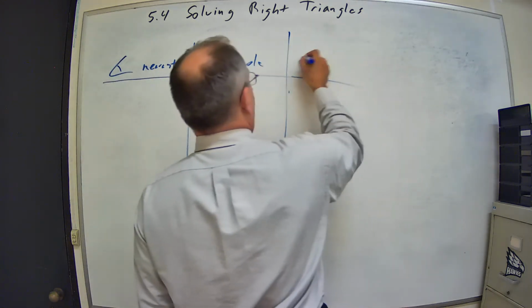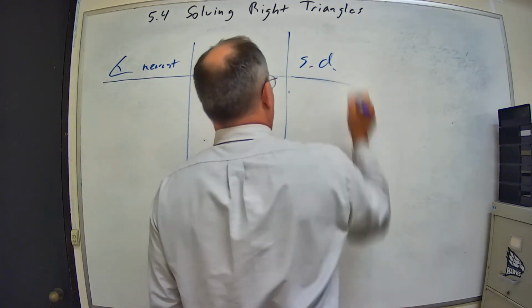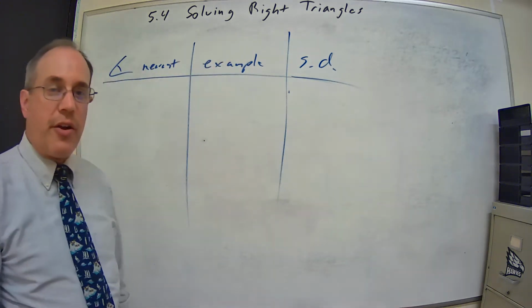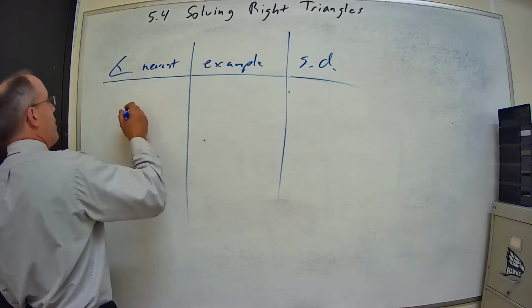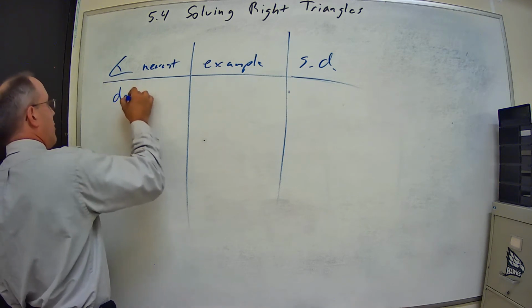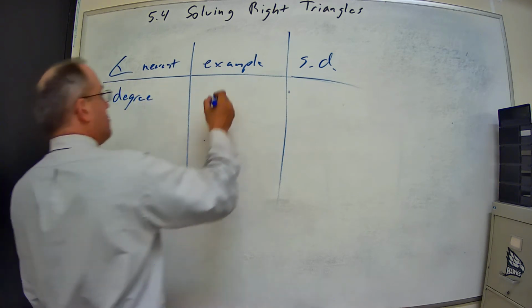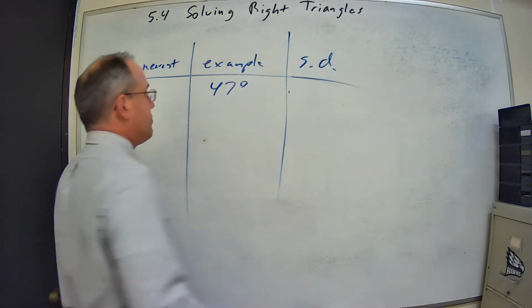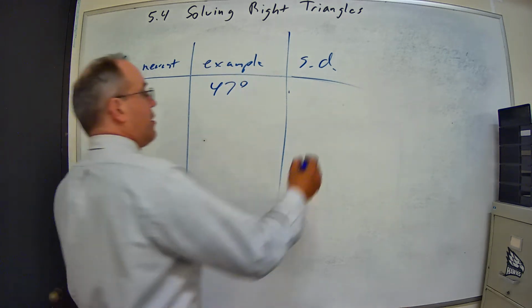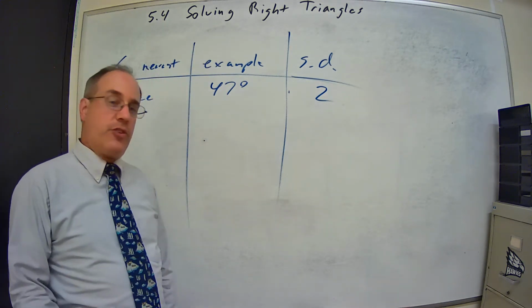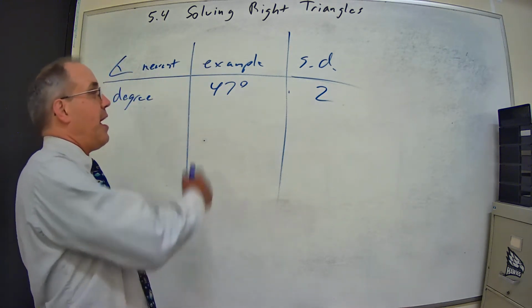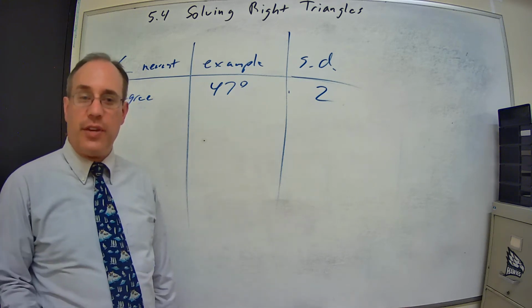And then we're going to give the significant digits that are equivalent to that. So if I have an angle measured to the nearest degree, 47 degrees. That's the equivalent of 2 significant digits. So if we're finding the trigonometric ratio associated with that, we can only give it 2 significant digits.